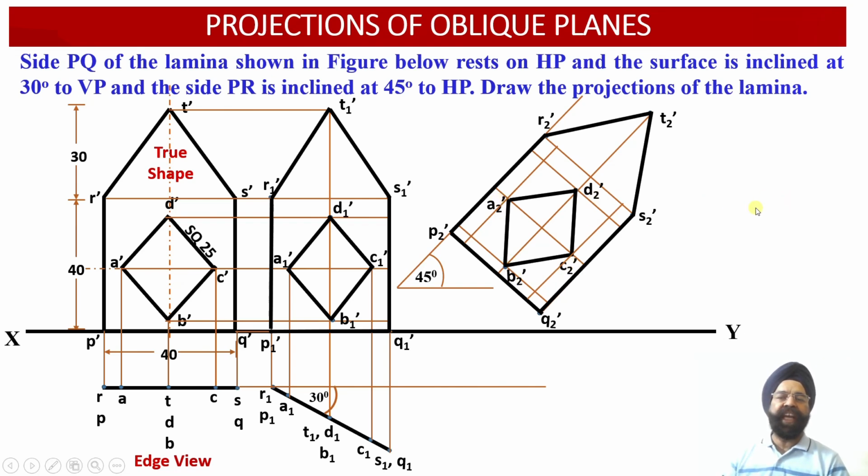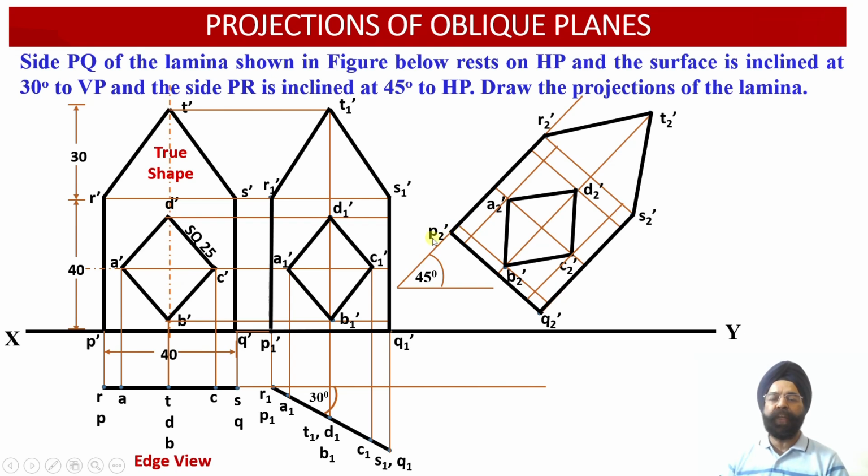So all the 9 points have been located using the rectilinear distances from the previous elevation projection view into the new orientation of the elevation projection view when this apparent shape projection of the lamina has been transferred or reoriented at an angle of 45 degree with respect to the horizontal plane.